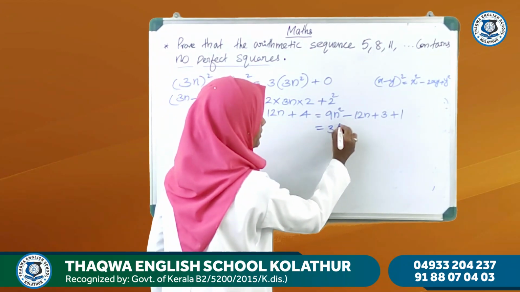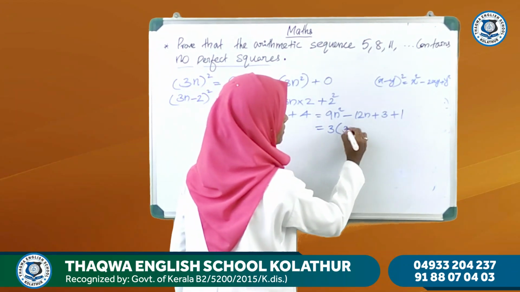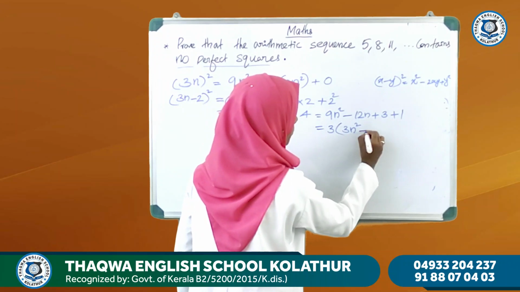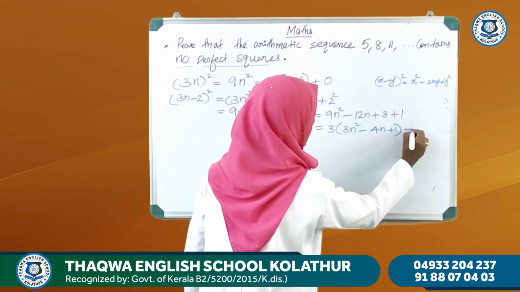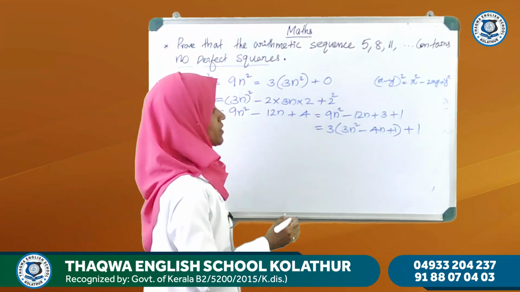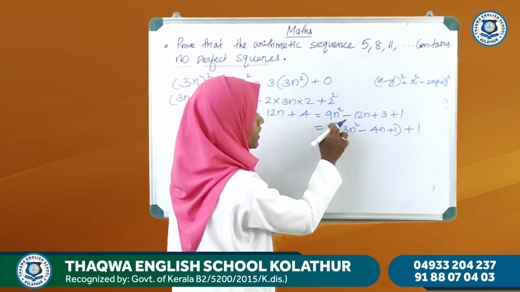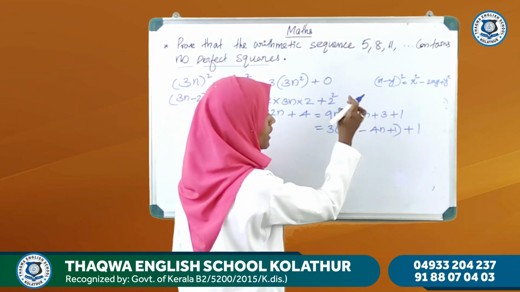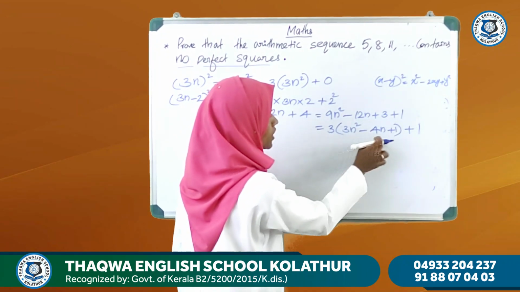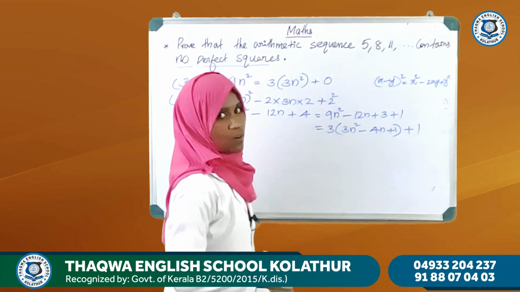So take 3 outside. 3n square minus 4n plus 1, plus 1, that is 3 into 3, 9n square, minus 3 into 4, 12n, plus 3 into 1, 3, plus 1.